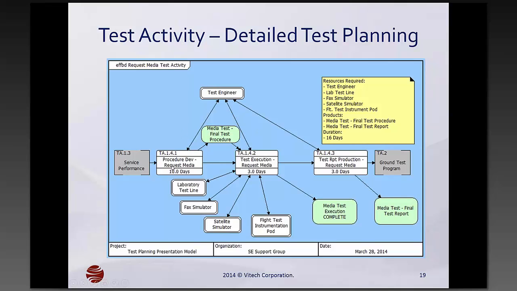In other words, in order to develop the test procedure, obviously I have to utilize a test engineer. When I actually do the testing, I have to utilize a test engineer. And when I'm producing the media, and when I produce the test report, I have to use a test engineer to actually produce the final test report. And so I've added here in this particular drawing the resources that I needed and some products and the test duration, the overall test duration.